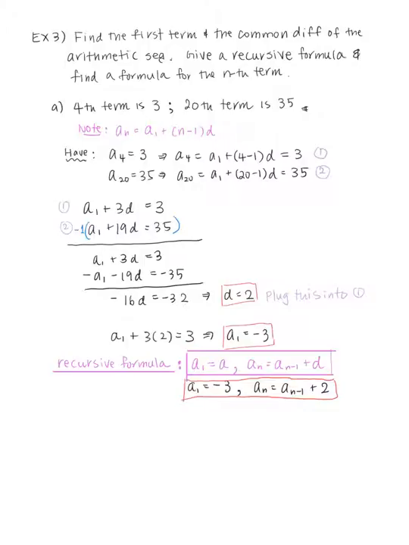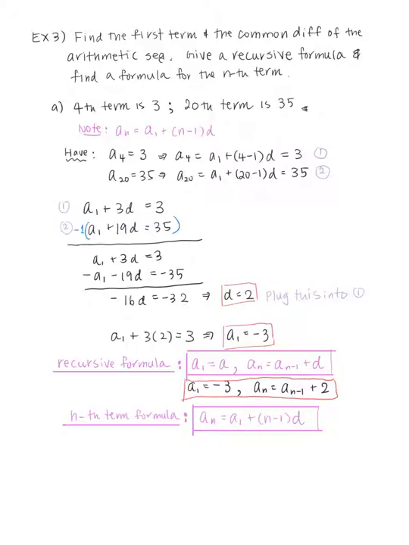We got the recursive formula now, and it says to find the formula for the nth term. So let me just write everything out. So the nth term formula is given by a sub n equals a sub 1 plus n minus 1 times d.